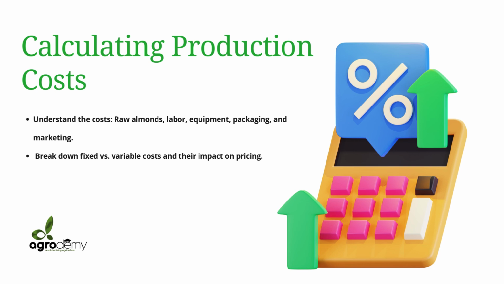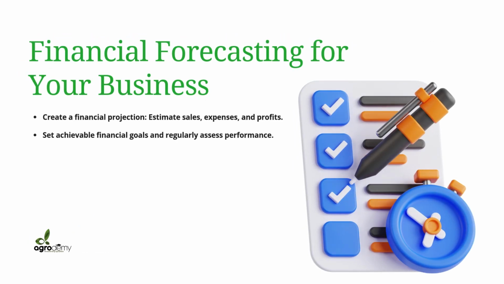So that is something that is not changing. And that variable cost could be your packaging materials. So maybe the pouches that you're using or the jars you're using might increase in cost. So that's a variable cost, and this actually impacts pricing. So you have to make sure that you break down these costs. You have to understand them and then how much it impacts your overall cost price.